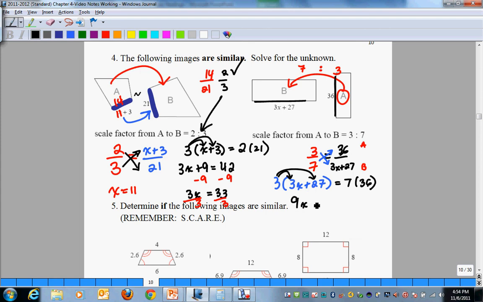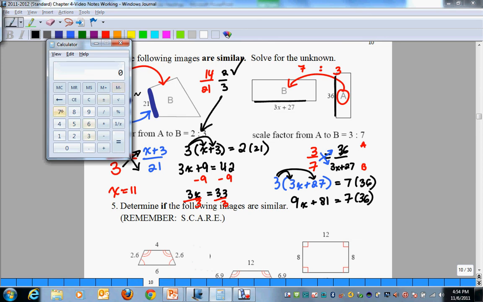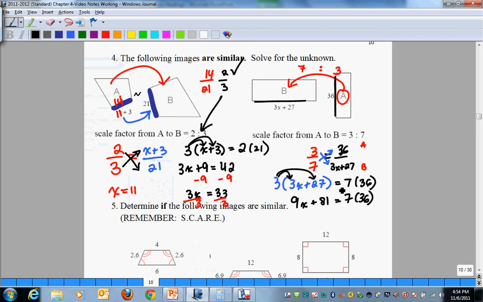We're going to get 9x plus 81 equals 7 times 36, which is 252.